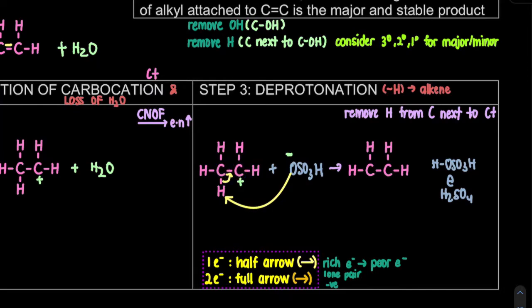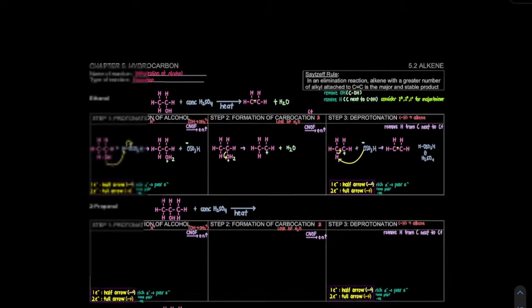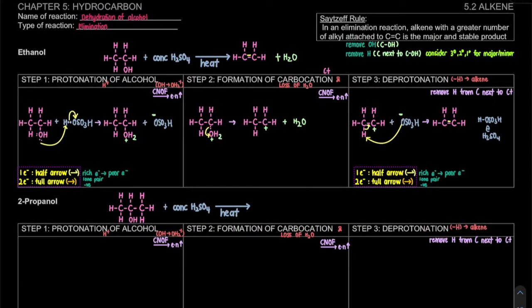And then here we will have our alkene, our product. Okay, so that is actually the mechanism. Okay, again, mechanism for elimination ni is completely different to our free radical substitution. Okay, where we have 3 steps.